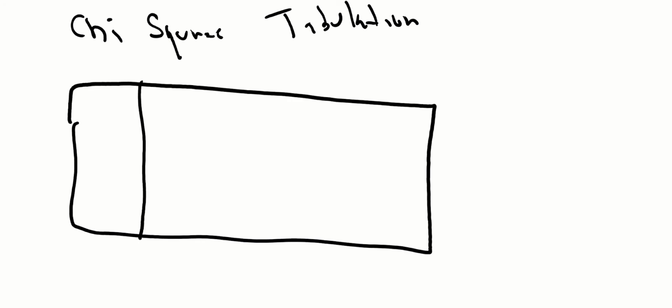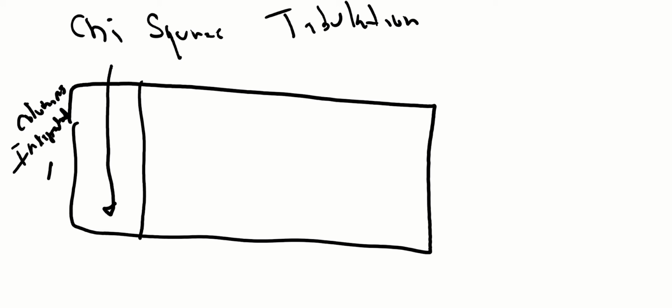So the vertical are always the columns, and the columns are always the independent variable, and the independent variable is always x. Right? So columns are always the independent variable.